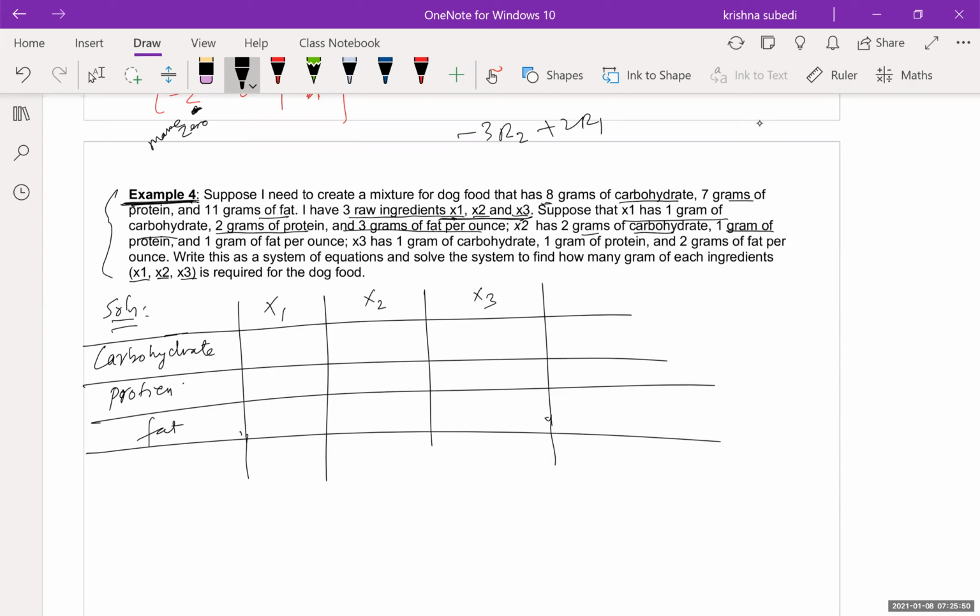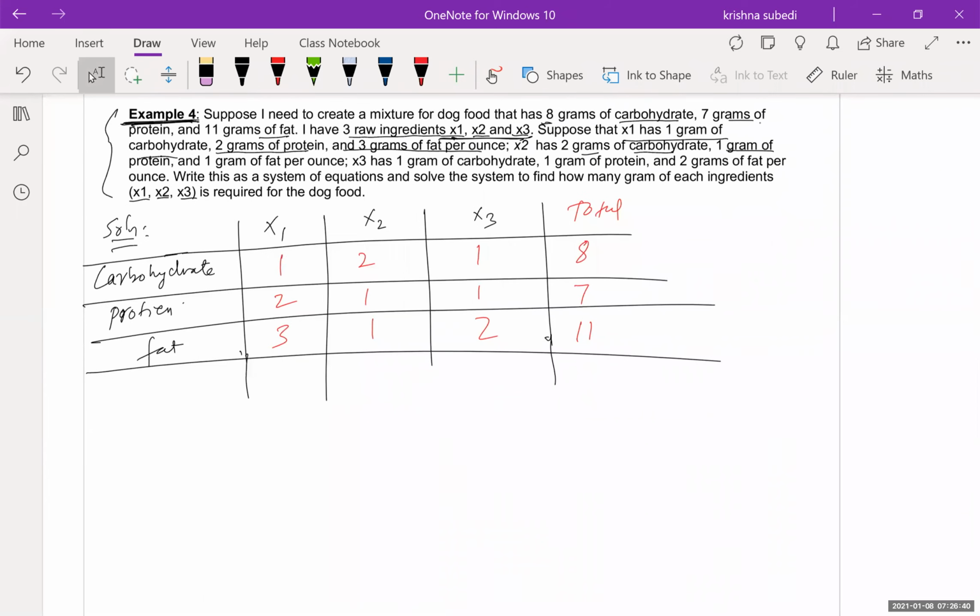And x3 has 1 and 1 and 2. And what is the total? 8 grams of carbohydrate, 7 grams of protein, and 11 grams of fat. That is the total available.